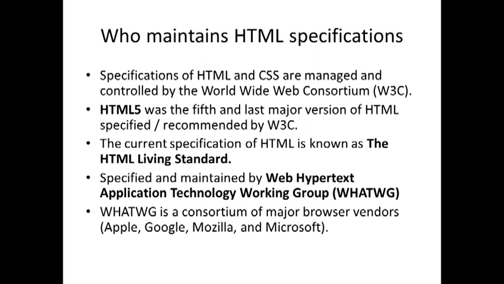WHAT-WG is a consortium of the developers and vendors of major web browsers, Mozilla Firefox, Microsoft Edge, Safari, and Google Chrome. So this is a consortium of browser vendors which includes Apple, Google, Mozilla, and Microsoft.